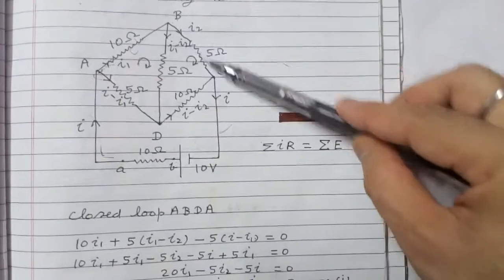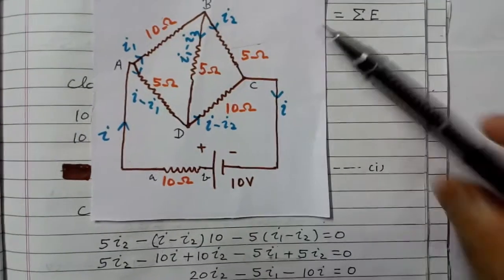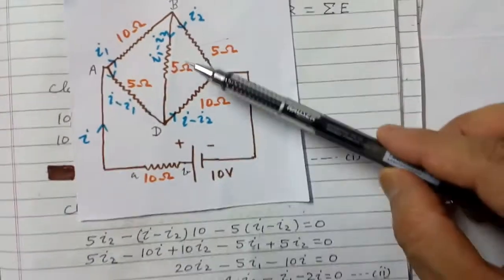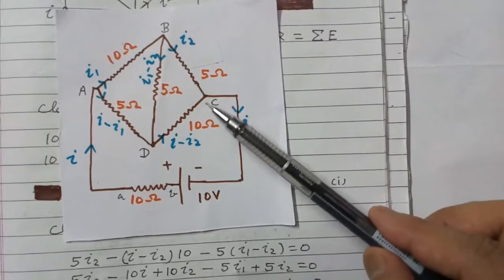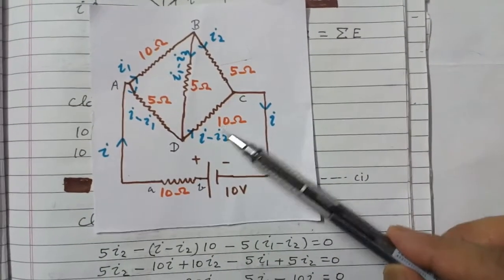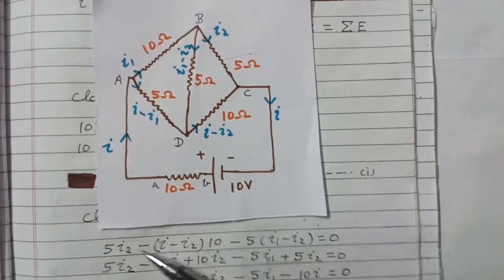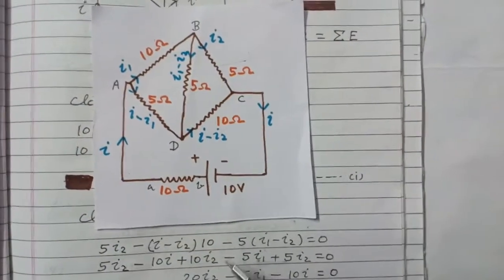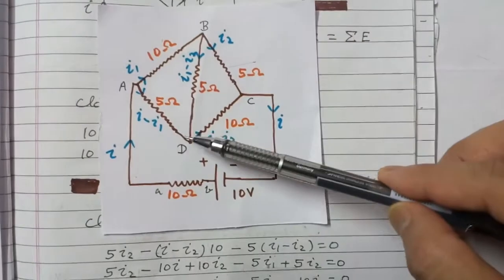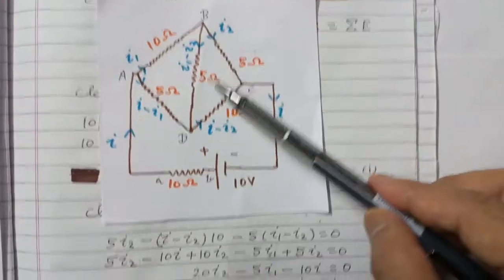Now see, in BC we are moving along the direction of current, so 5 into I2. Here see, both the circuits are same. Now for CD, I minus I2 into 10 and there is a minus sign, because we are moving in the opposite direction of current. For DB again minus 5 into I1 minus I2, because we are moving in the opposite direction of current. This is equal to 0 because there is no cell here also.